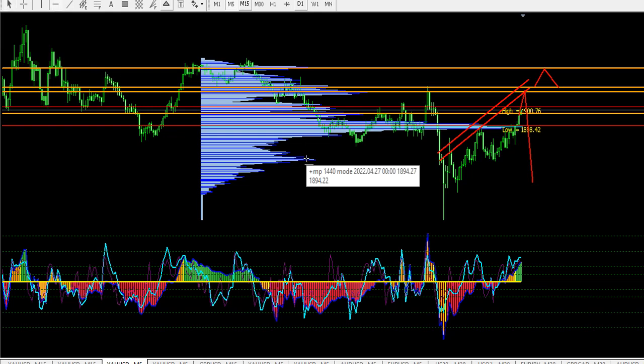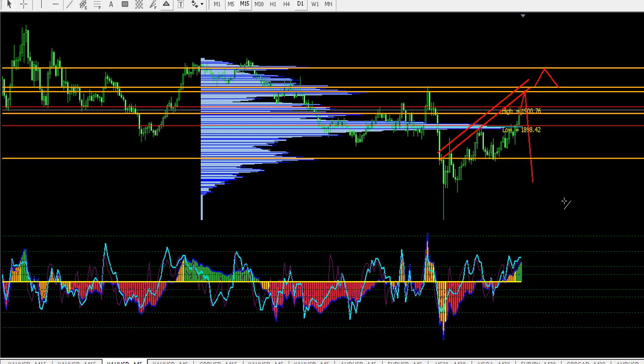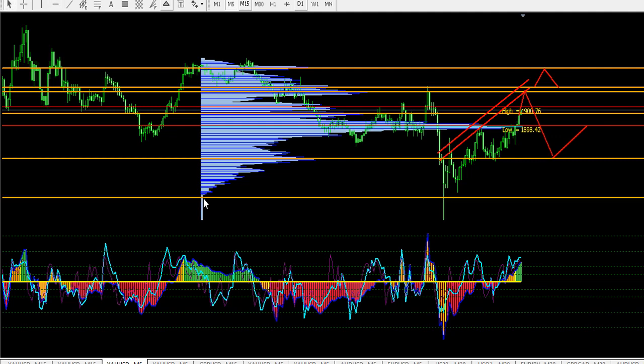But if the price comes back again, this is for buy. I don't know, but if this is to wait for sell, this is to wait for buy, and also lower here if the price makes a very strong down, you can wait for buy again.